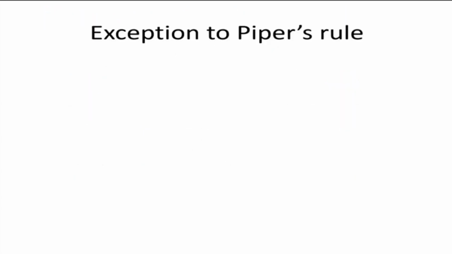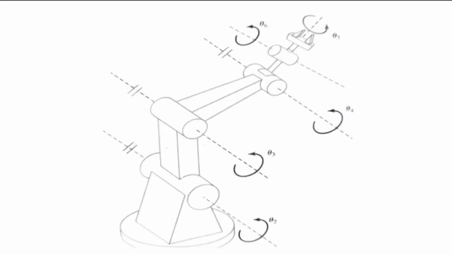Now, what is the exception to Piper's rule? Now, there is an exception to Piper's rule, and the exception is given here. So this is a manipulator in which the last three axes are not intersecting. You can see that. So there is a gap there. Okay, so there is a gap here. Now this is basically a non-intersecting axis.